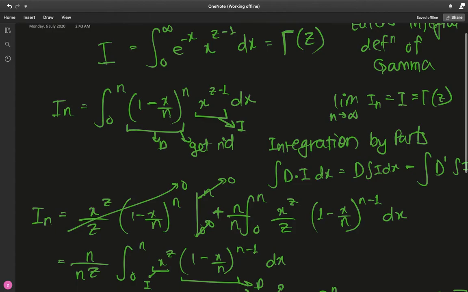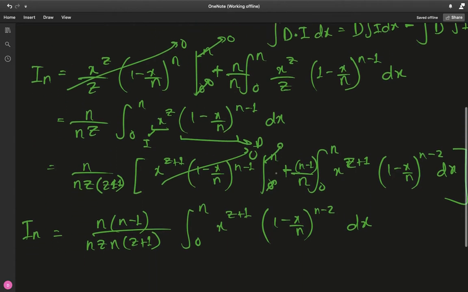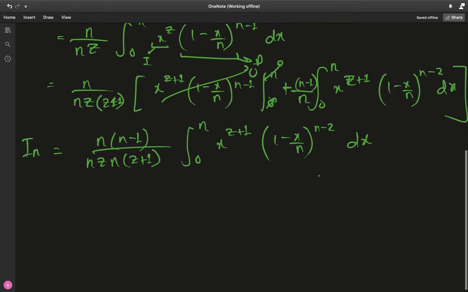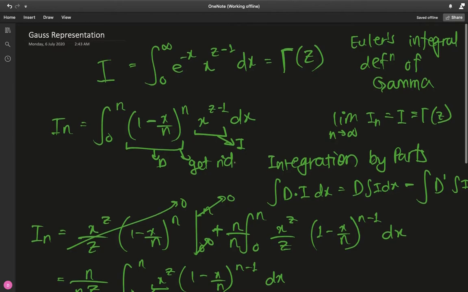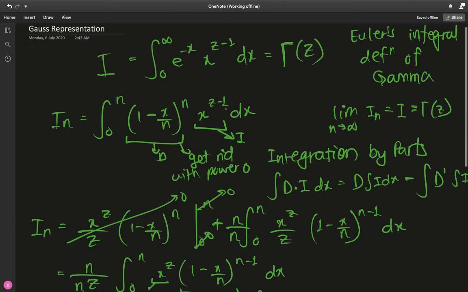That's why we chose to differentiate it, because its power was going down. So eventually we want its power to go down to 0, because anything to a 0 power is 1. So we'll be getting rid of it with power 0 if we keep on doing this integration by parts until the power of this 1 minus x over n expression becomes 0.